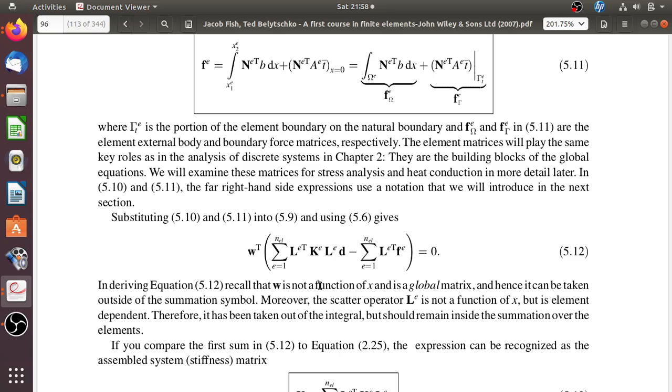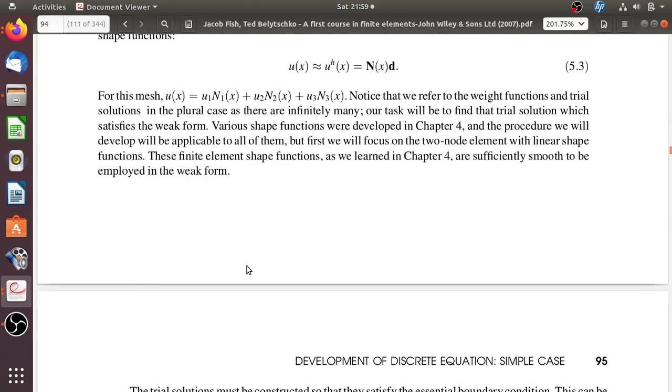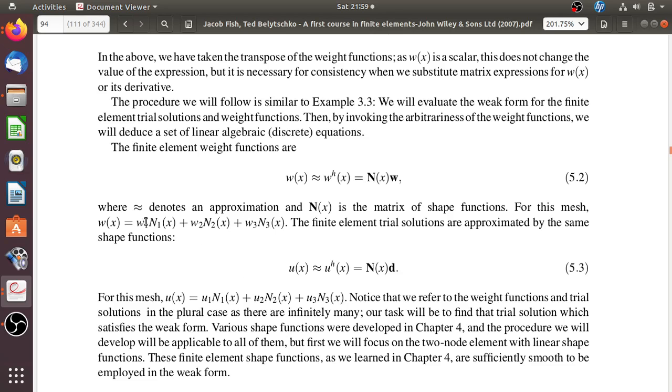Now, how am I going to calculate it further? If you see in this equation, this W of t is the value of W1, W2, W3, which we have seen over here, right?